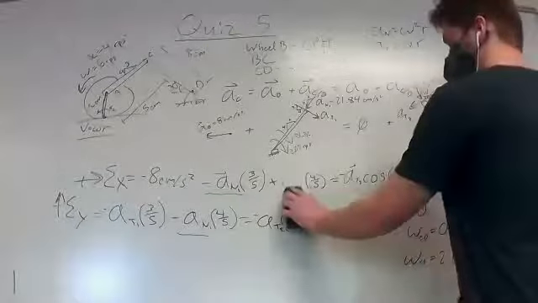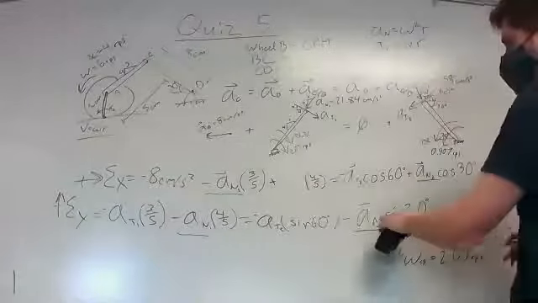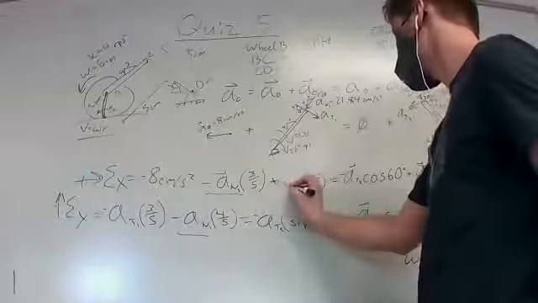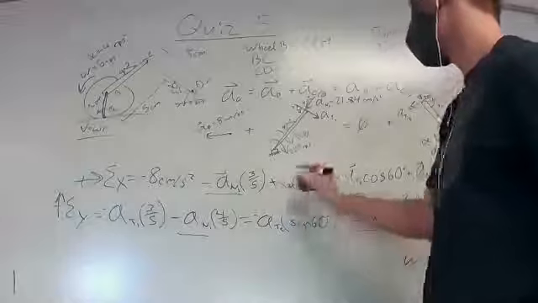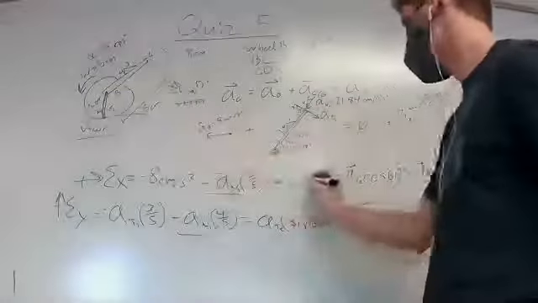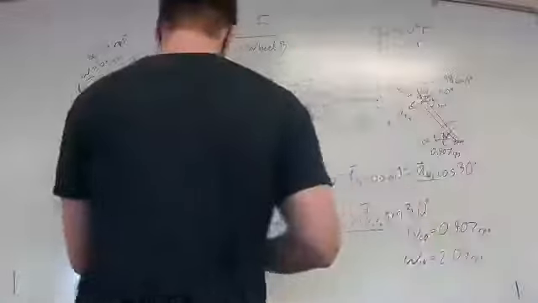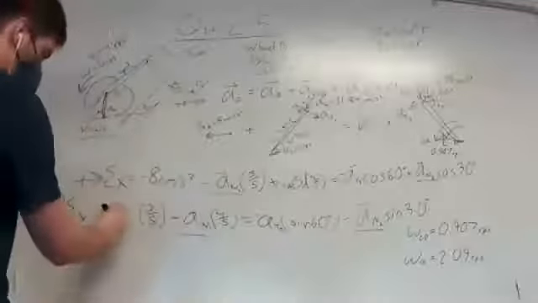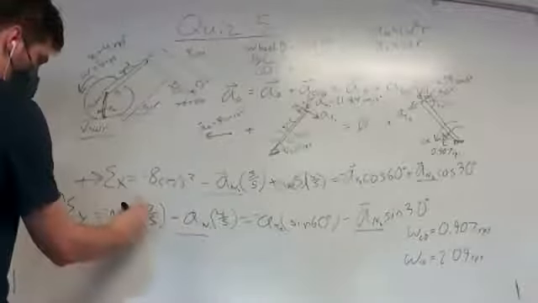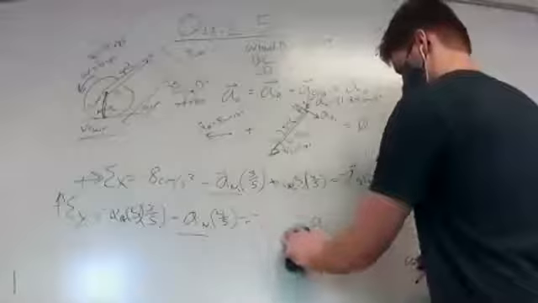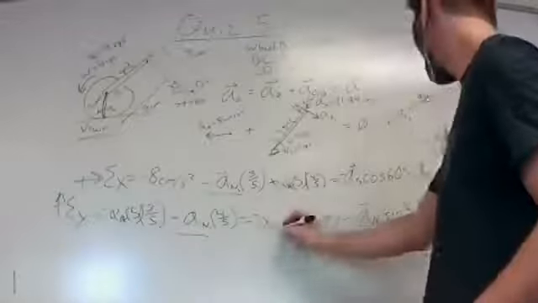And you could replace your ATs. I'm going to. So our AT with alpha BC times the radius. Do that again over here. And then our AT2 is 8 centimeters.